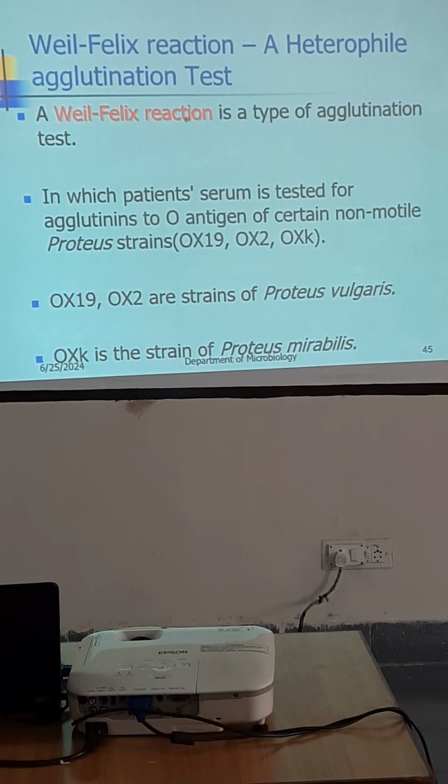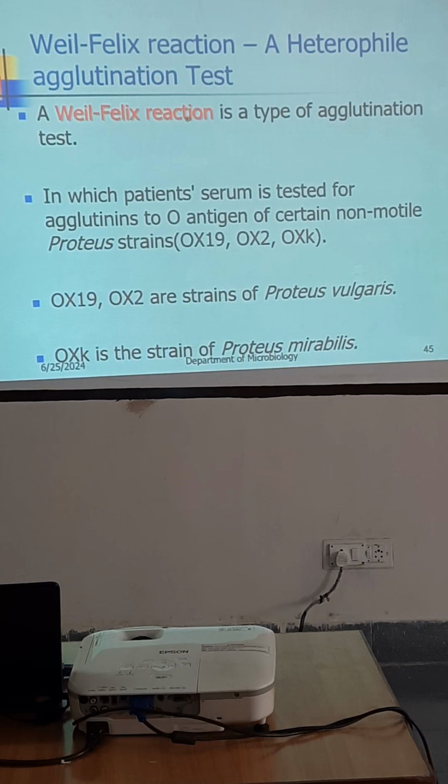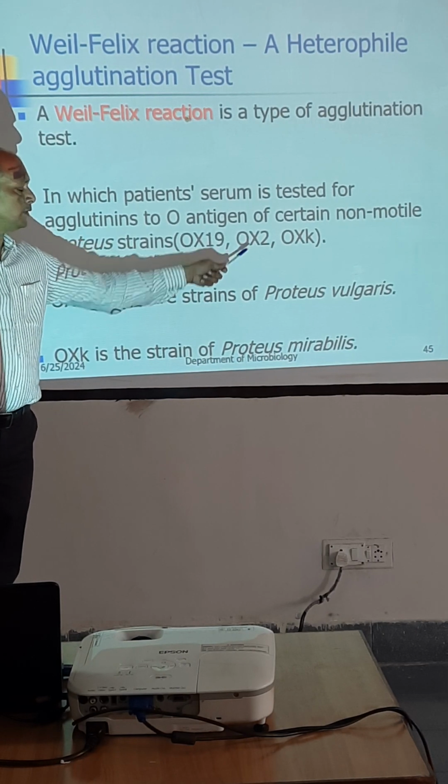Next is the Weil-Felix reaction, which is a heterophile tube agglutination test, where the patient's serum is tested for the presence of agglutinins to O antigen of certain non-motile strains of Proteus, which are OX19, OX2 and OXK.